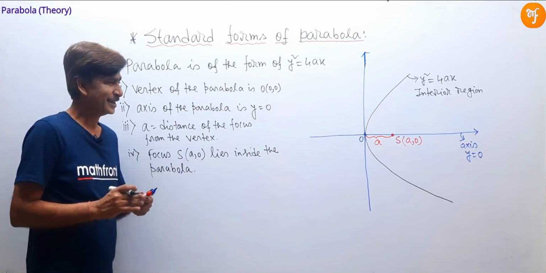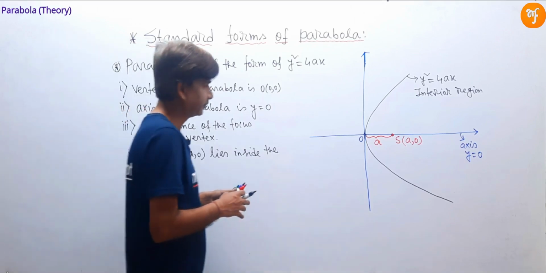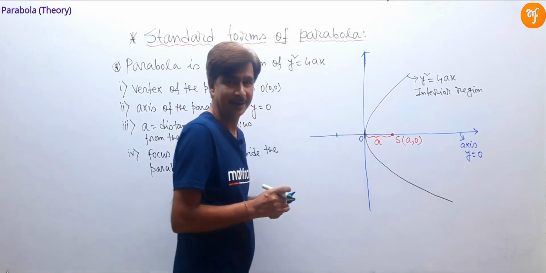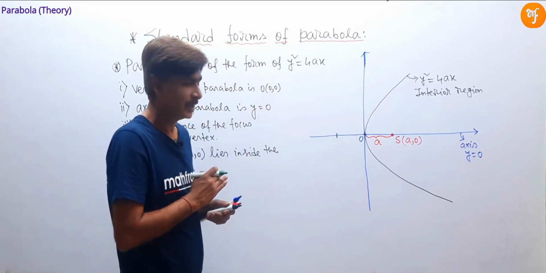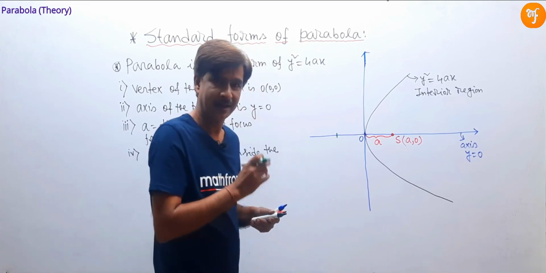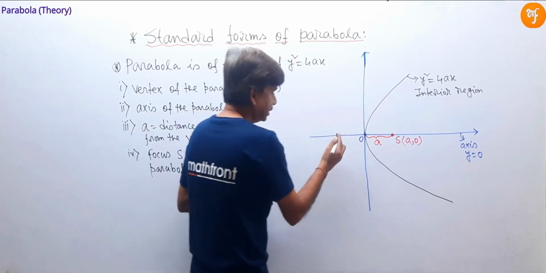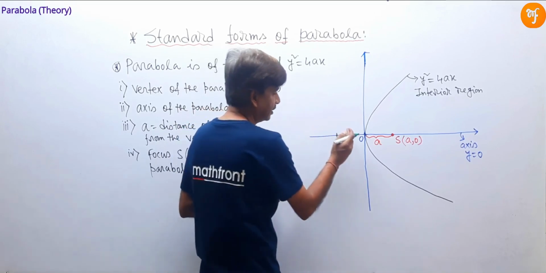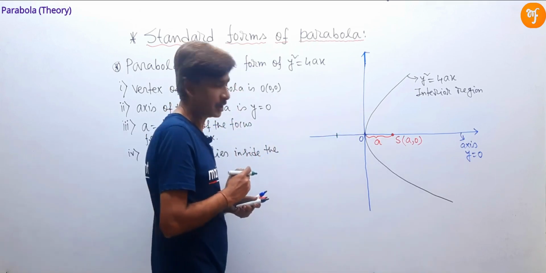Okay, clear? Now come to the concept of directrix. Directrix of this parabola is perpendicular to the axis of the parabola and lies outside of this parabola at a distance a unit from the vertex. So, let this be a point on the axis of the parabola and this point lies at the exterior region of the parabola.